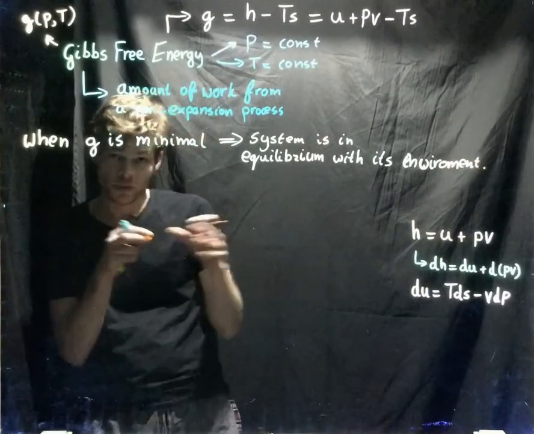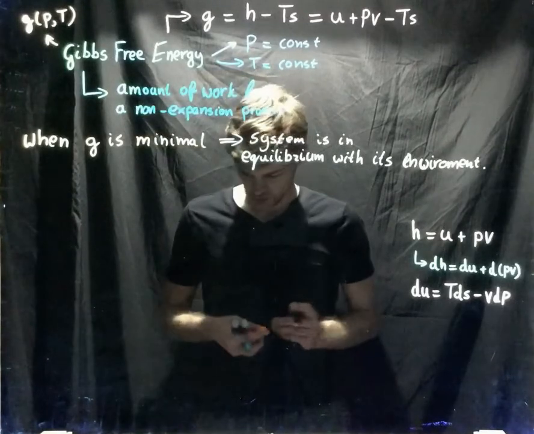So when G is minimal, the system is in equilibrium with its environment.